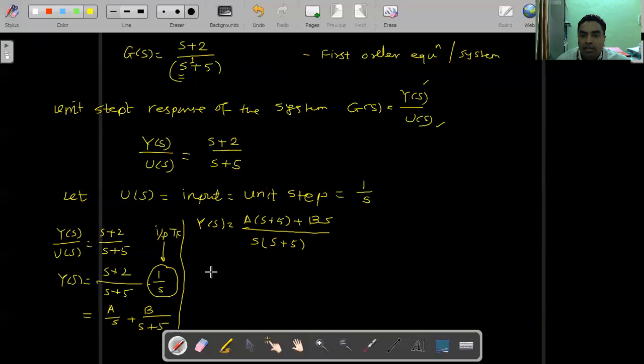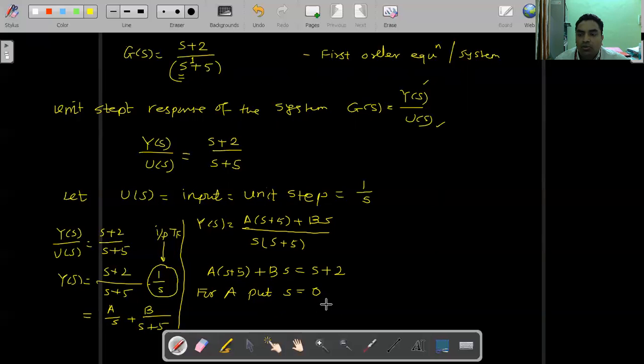So how can I determine A and B? A(s plus 5) plus Bs is equal to s plus 2. For A, put s equal to 0, so that this term will be 0, right?